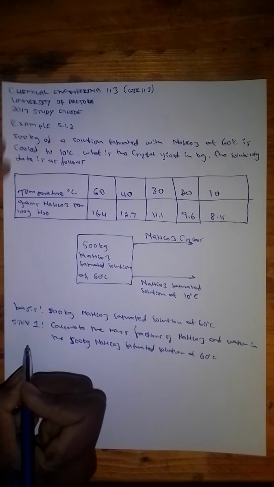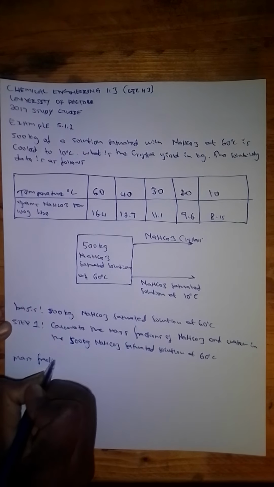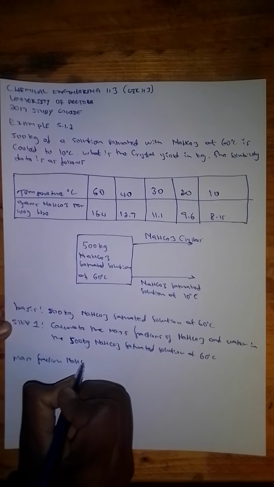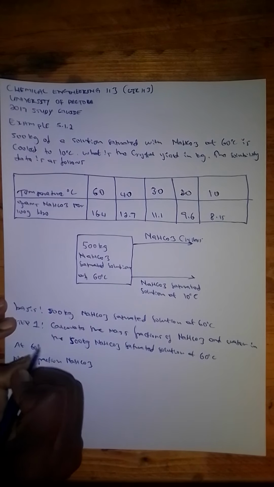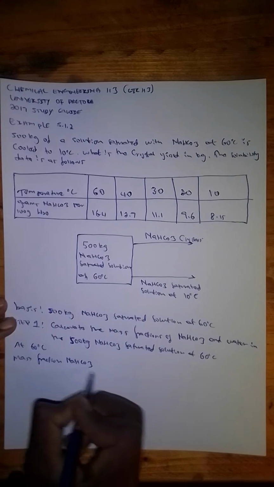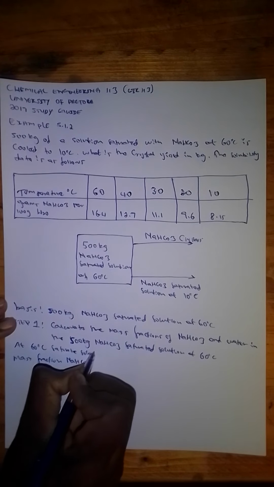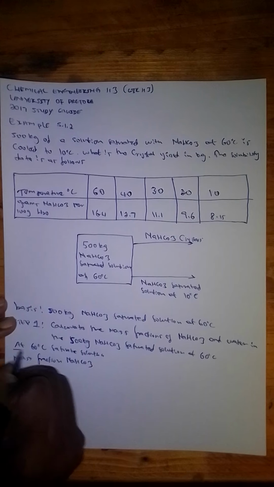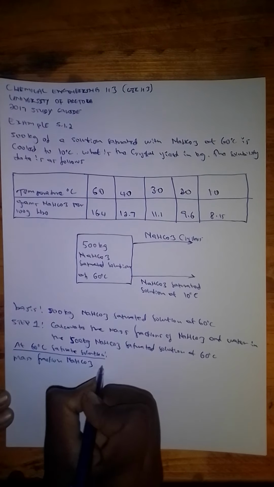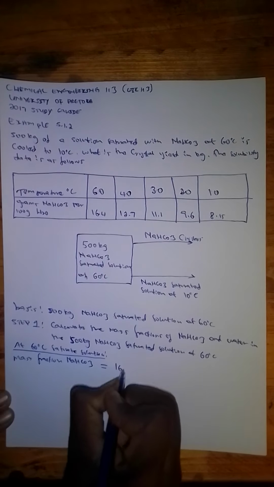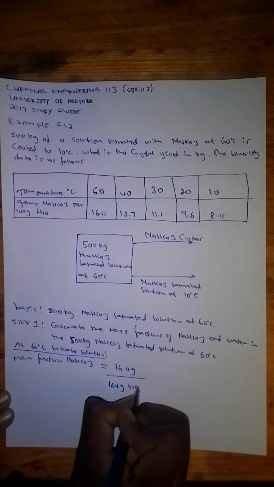So to get the mass fraction, at 60 degrees Celsius in the saturated solution, the mass fraction of NaHCO3 equals 16.4 grams over both 16.4 grams plus 100 grams.